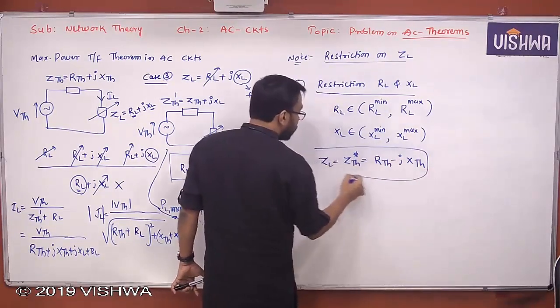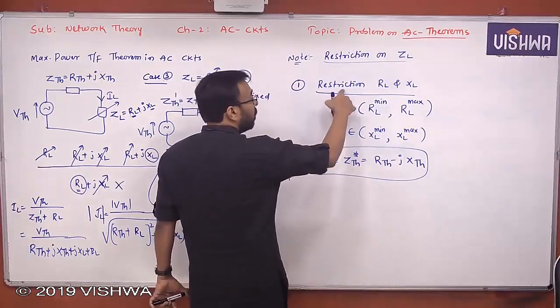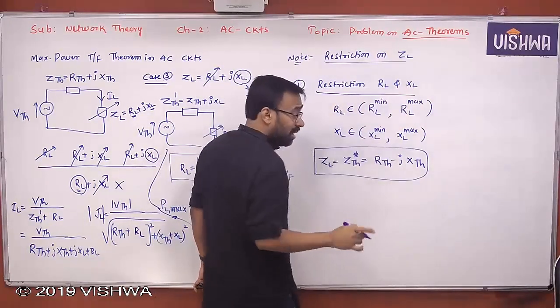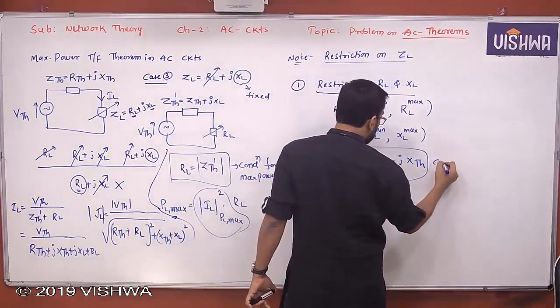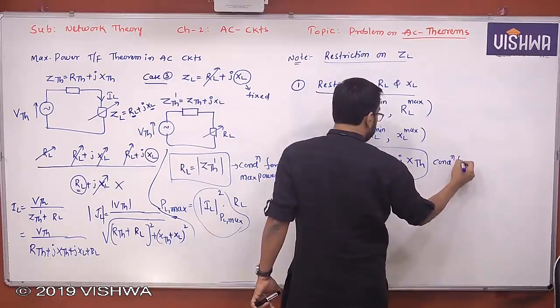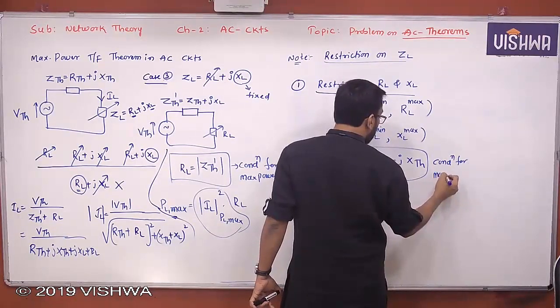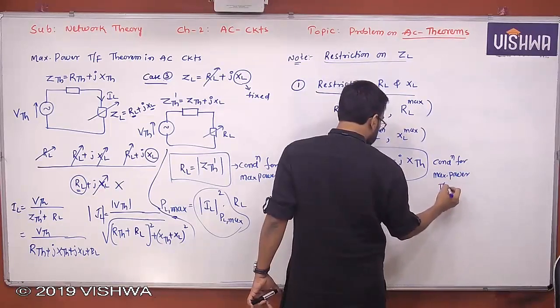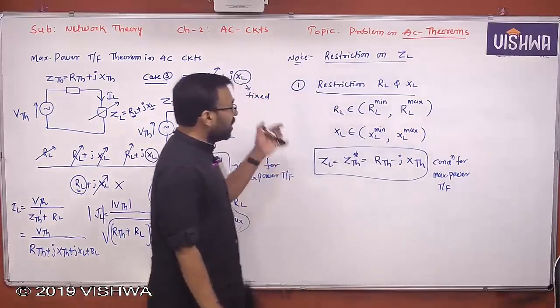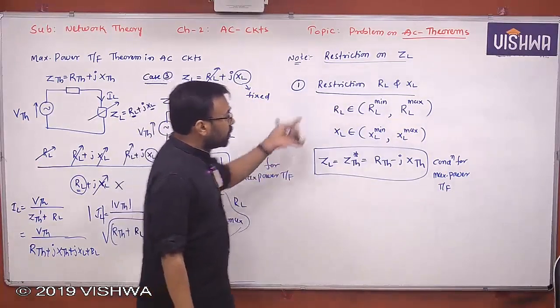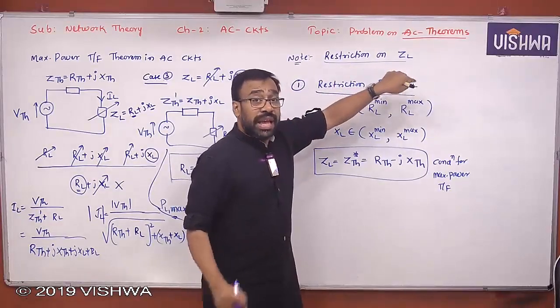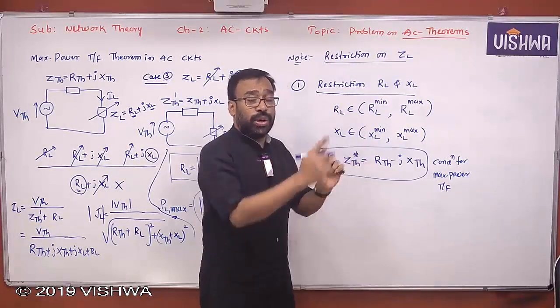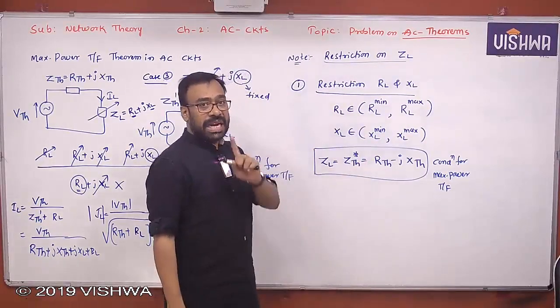This is the condition for maximum power transfer when both RL and XL are variable. Now since both are restricted here, first you set XL, then you set RL accordingly. Understand all of you? Okay.